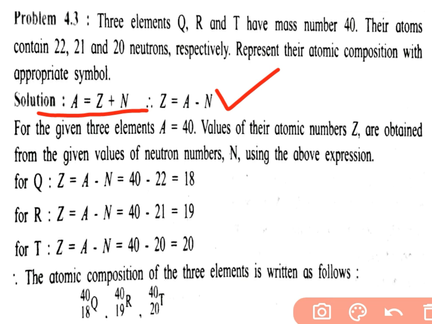Now you have both terms, atomic number and atomic mass number, and atomic composition of the 3 elements is written in this way.